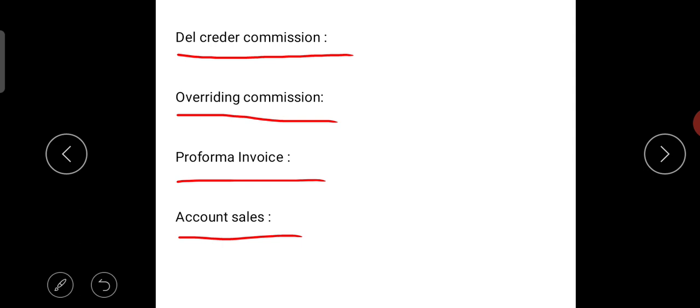So account sales is a periodical statement sent by the consignee to the consignor, and it gives the details as to the sales and also the expenses and the net amount payable to the consignor.